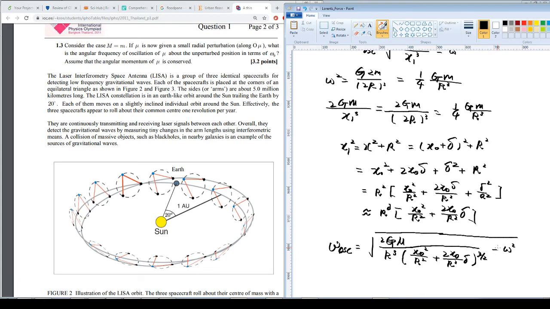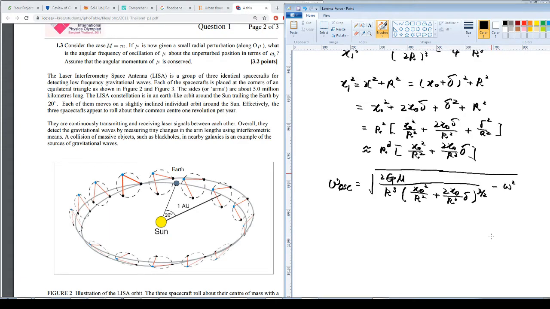So now we use the binomial theorem. It's the same. I think we want to take the x naught out, right? Take x naught squared over r squared out, and that just becomes x naught cubed on the outside.